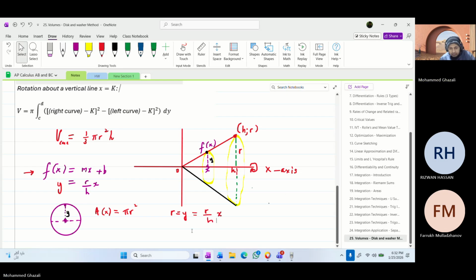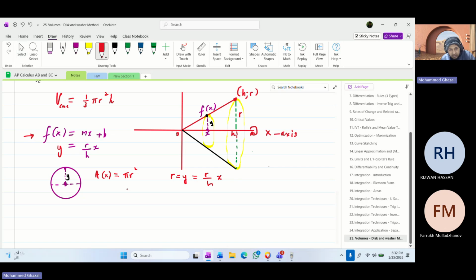Are we good? So what's the radius we are squaring? We're taking pi times r over h x, squared. Now if you simplify this, this is just x squared, and all of this is pi r squared over h squared, x squared.